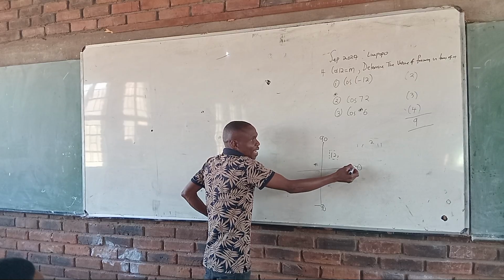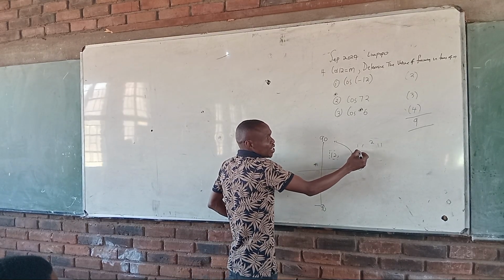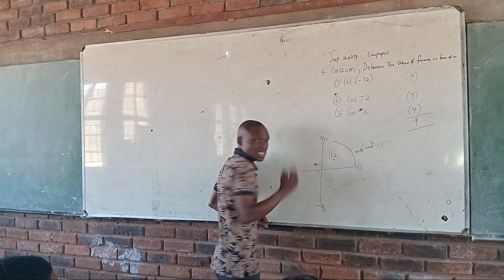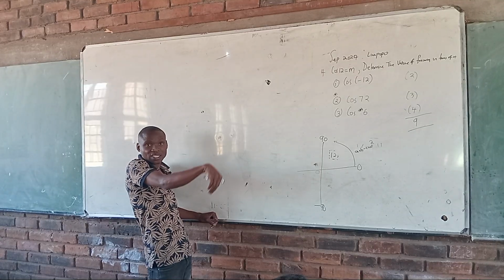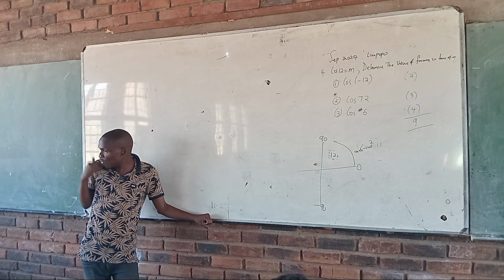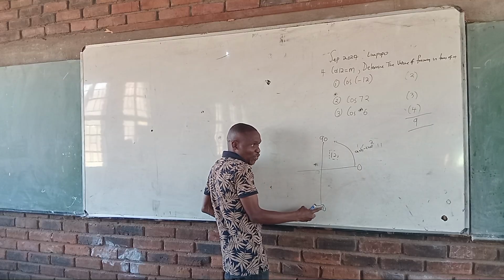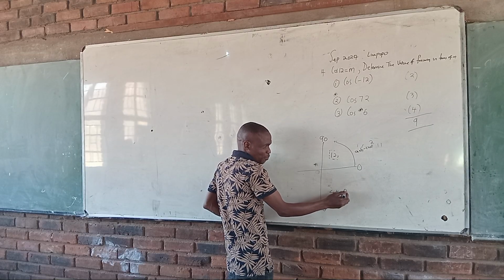If you move like this, we say you are moving anti-clockwise. From 0 to 90, it's anti-clockwise. But if you move clockwise, you are moving with negative angles, which means that from 0 to -90, we are in the fourth quadrant.